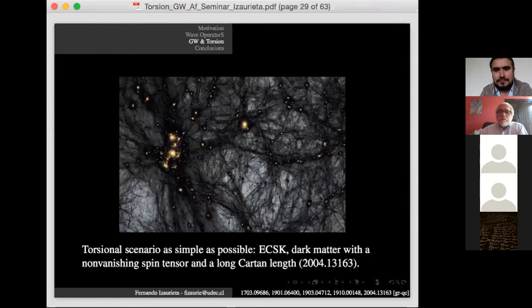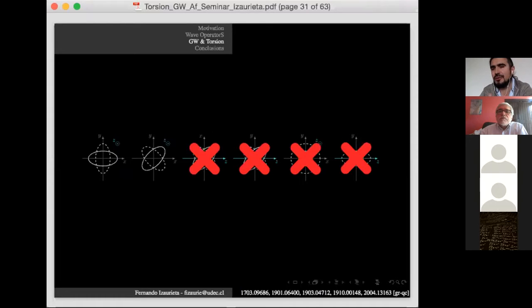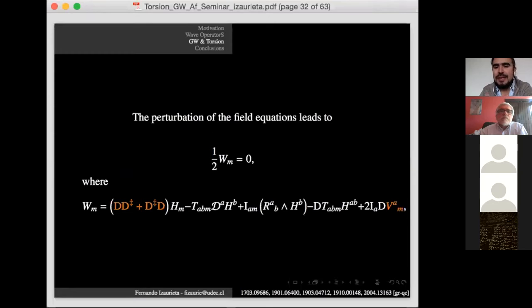In this case, it is the simplest case. And from all the polarization modes of gravitational waves, only the two usual modes survive. So it is the simplest case. And we can see that the equation for gravitational waves is written, in fact, in terms of this operator I have mentioned before in a very nice way.